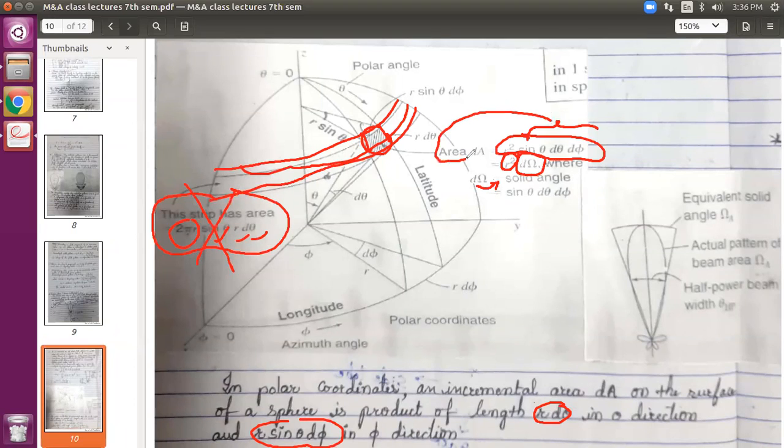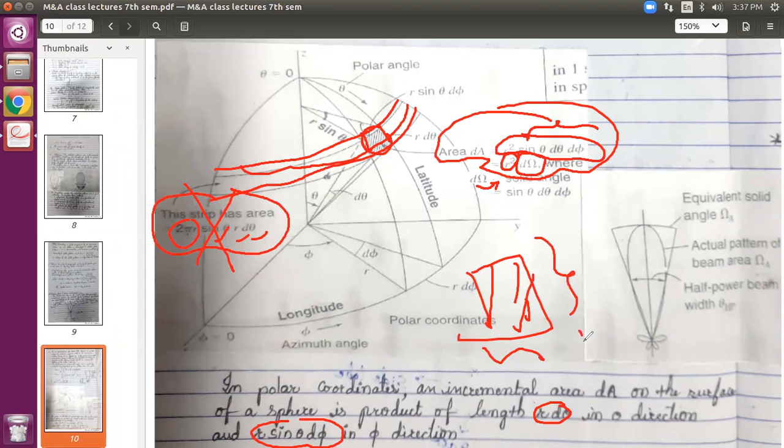Simply you should know how the area is equal to this much. From this structure you should get this patch's length and width. When you multiply these two values, you will get this area dA.